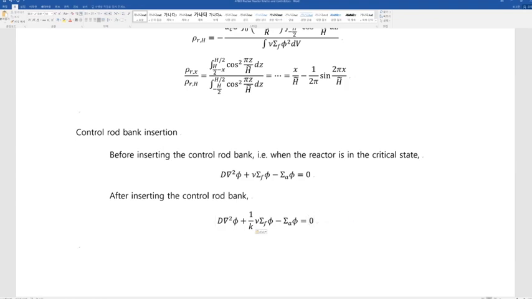So this would be the equation. This would be the diffusion equation when k is not exactly equal to 1.